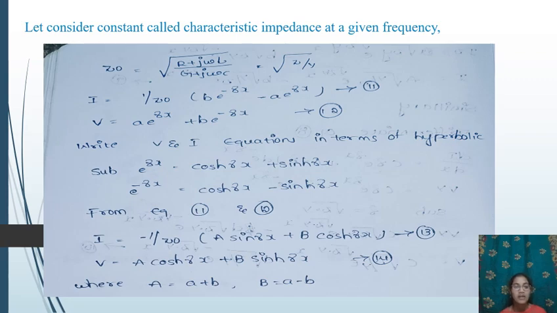From equations 11 and 12, I equals minus 1 by Z0 (A' sinh gamma x plus B' cosh gamma x), which is equation 14. Equation 13: V equals A' cosh gamma x plus B' sinh gamma x, where A' equals A plus B and B' equals A minus B.